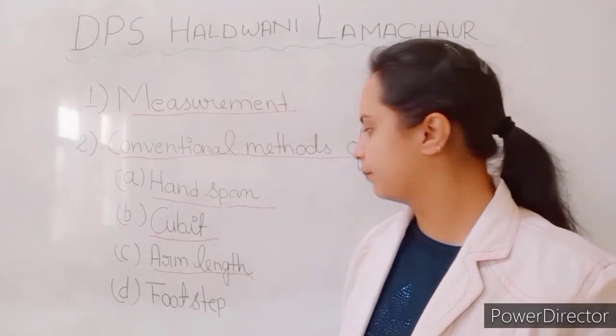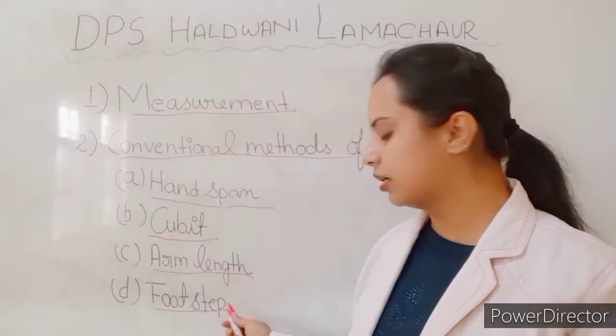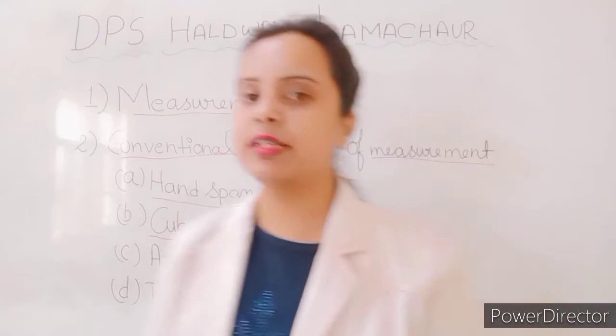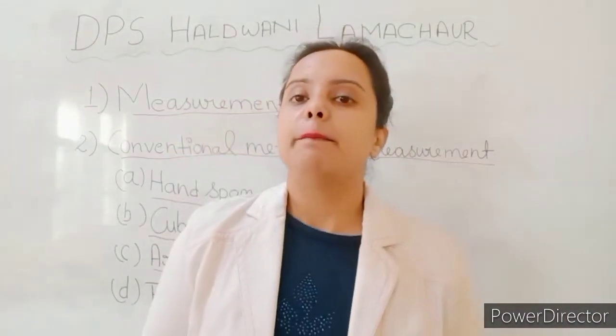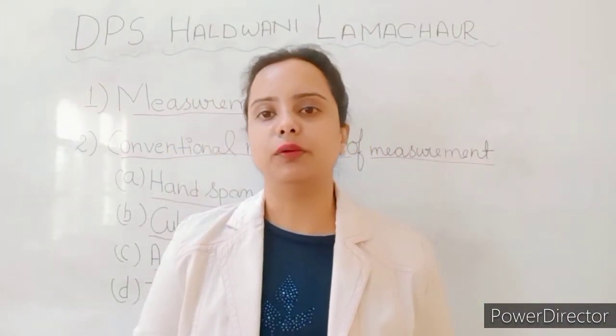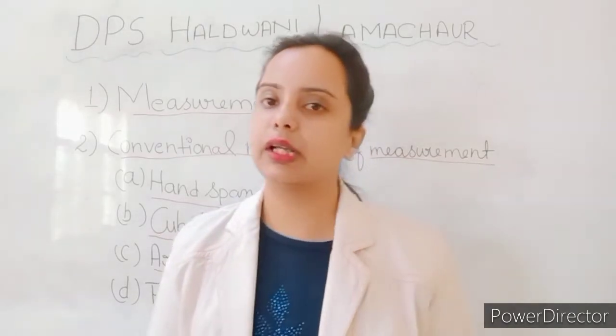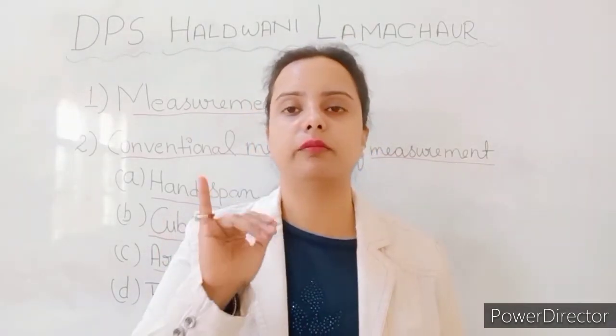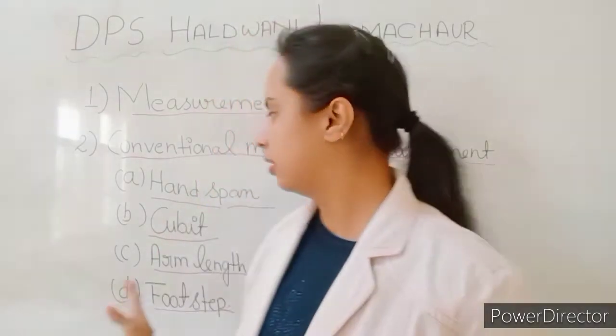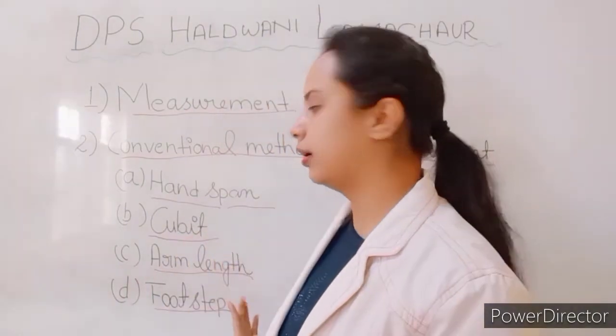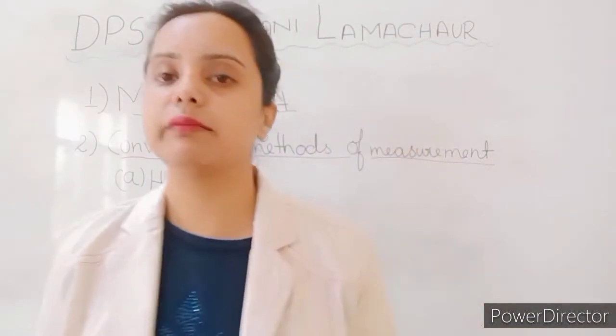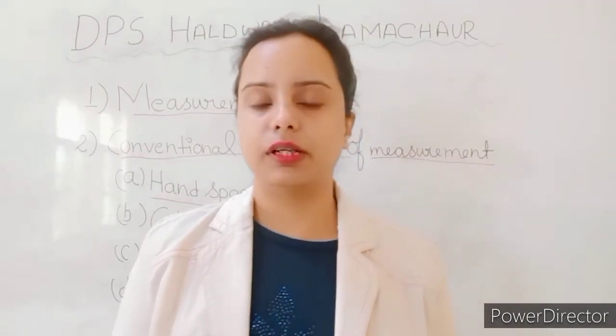The fourth one is the foot step. For example, we have to measure the length of a room. We cannot take it with the hand span method, the cubit method, or the arm length method. So how will we take the measurement? With the foot.